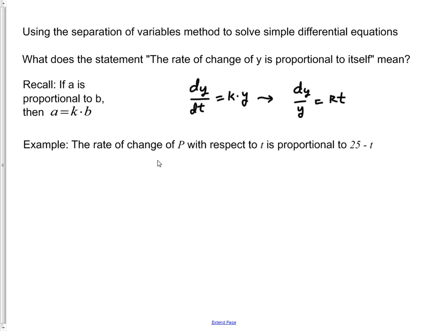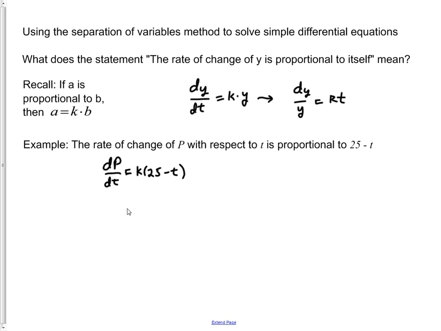Let's say that we're told that the rate of change of some variable p with respect to time t is proportional to 25 minus t. How would that work out? Well, just like we said, the rate of change of p with respect to time t is equal to a constant times the quantity 25 minus t.